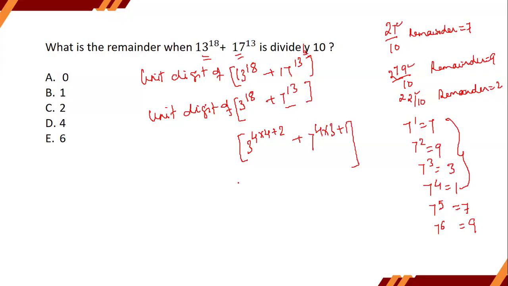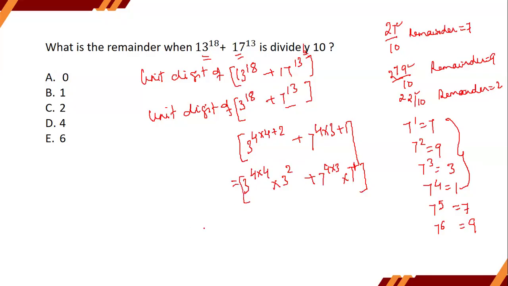Now here, 3 power of 4 into 4, into 3 squared, plus 7 power of 4 into 3, into 7 power of 1.